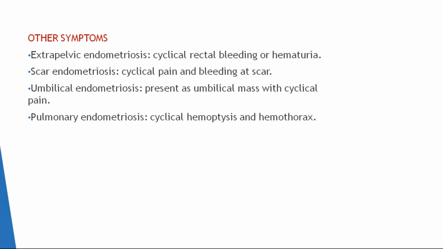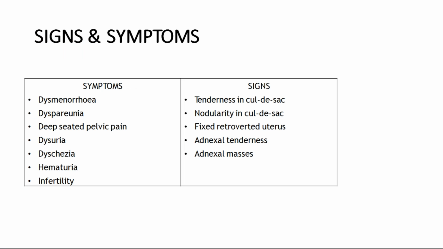And scar endometriosis, if the implants are there on the scar, they will have cyclical pain at the scar and also bleeding. Umbilicus, if it is present, it can present as an umbilical mass, and this also will have cyclical pain. If it is pulmonary, thoracic endometriosis, they will have cyclically hemoptysis and hemothorax. So these are the other symptoms in case of extrapelvic endometriosis.